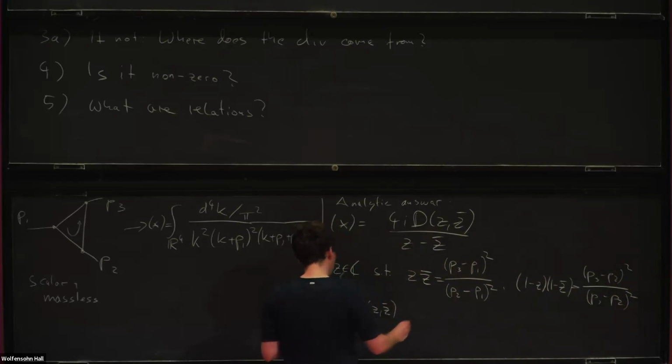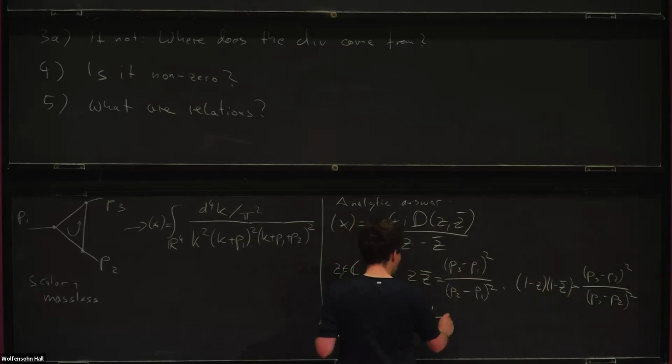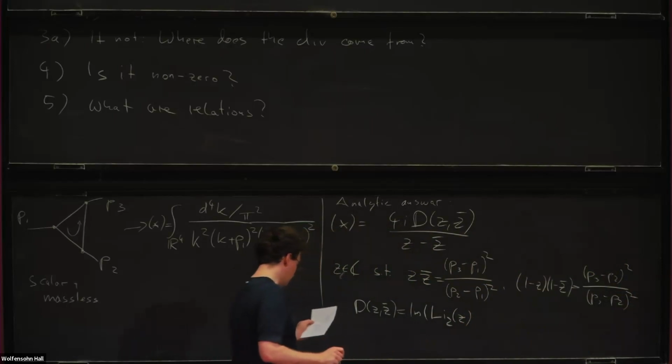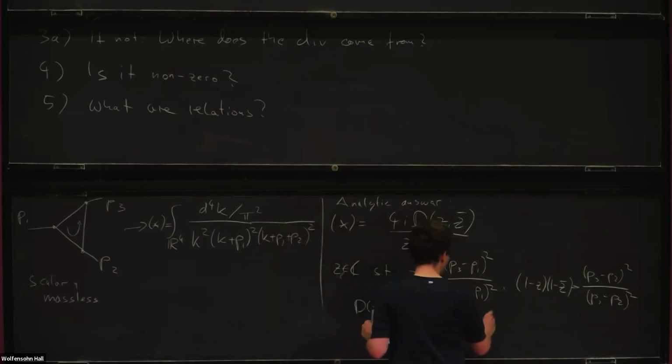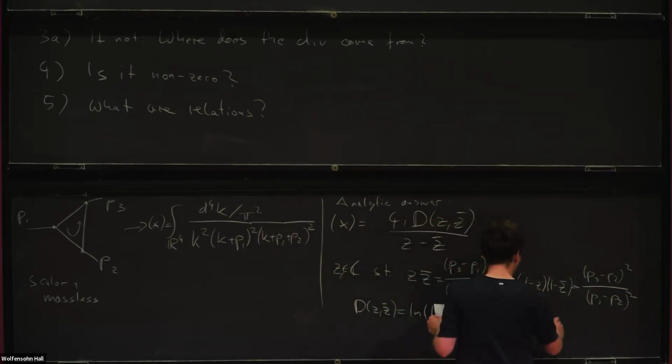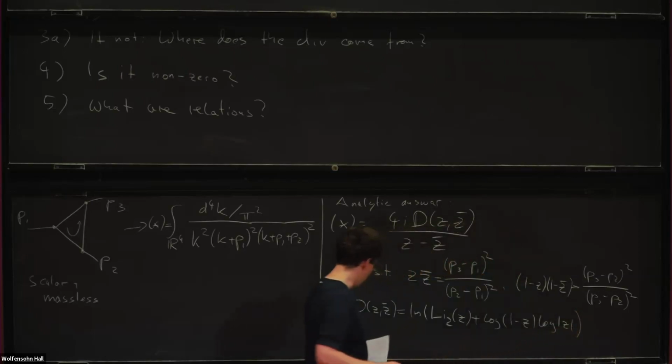It's supposed to be the imaginary part of Li2 of z plus a log of (1 minus z) log of absolute z, parenthesis closed.